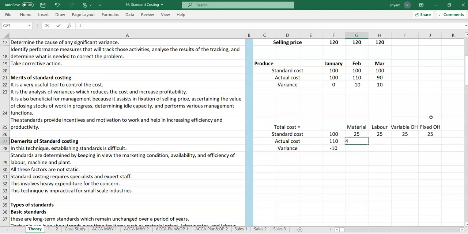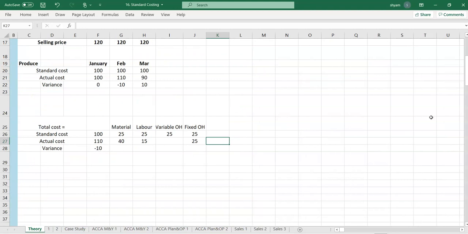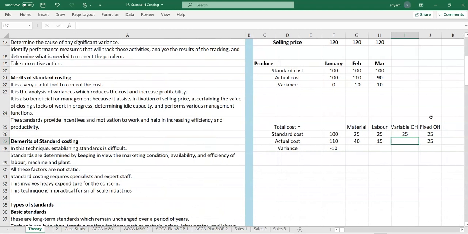The material cost has gone up by 40, but the labor cost has gone down by around 15. Fixed overheads we'll take as 25, the balance number, and the variable overhead goes to a cost of 30.